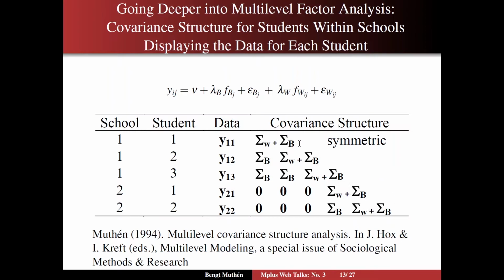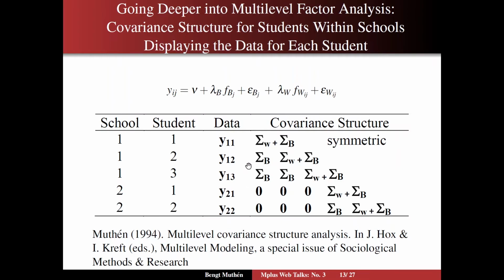And that's because we assume that the students come from the same population. Now down here we have zeros because students of School 2 are uncorrelated with students in School 1. And that's because we do random sampling of the schools. So we have independent observations across schools.